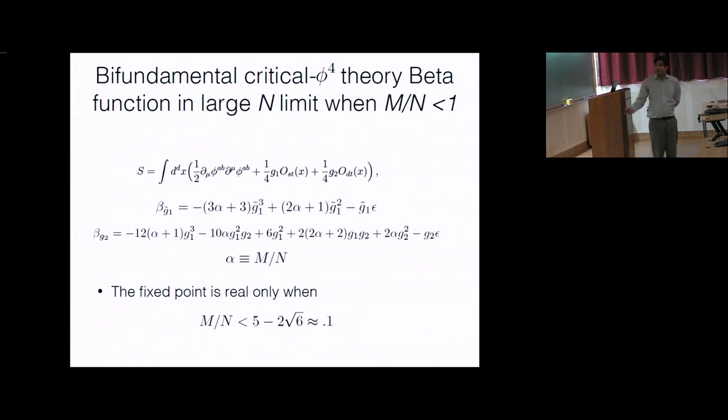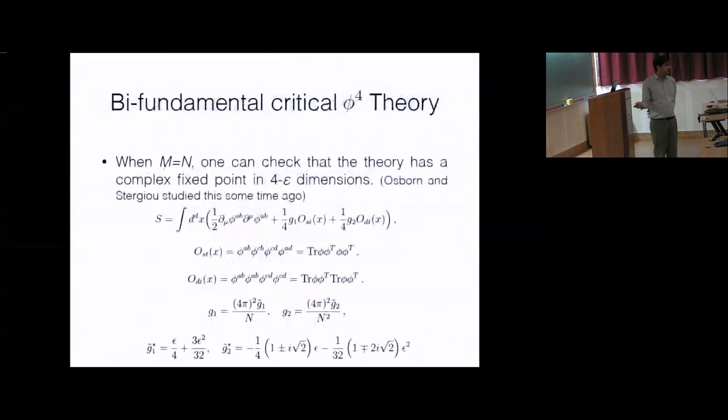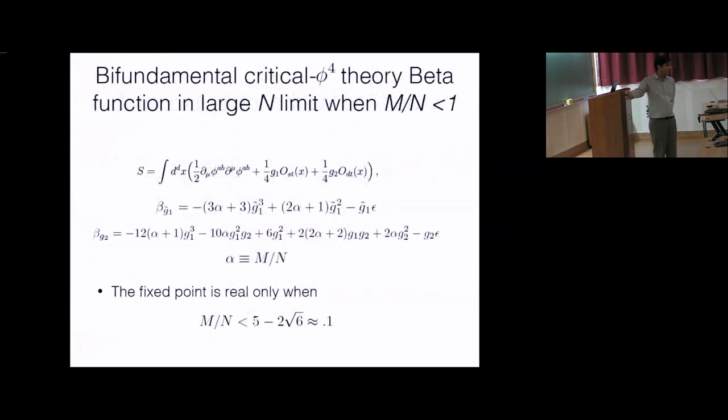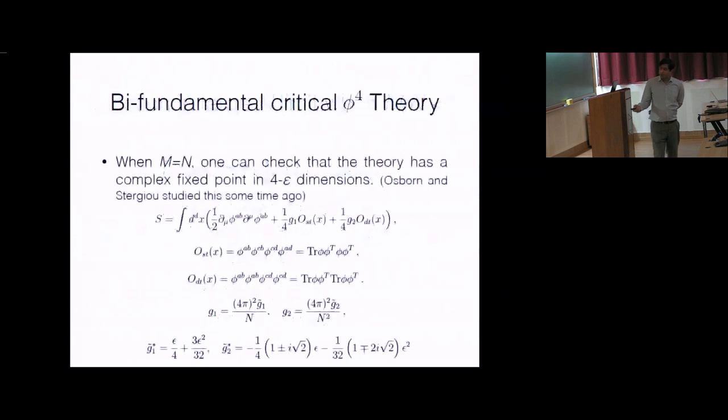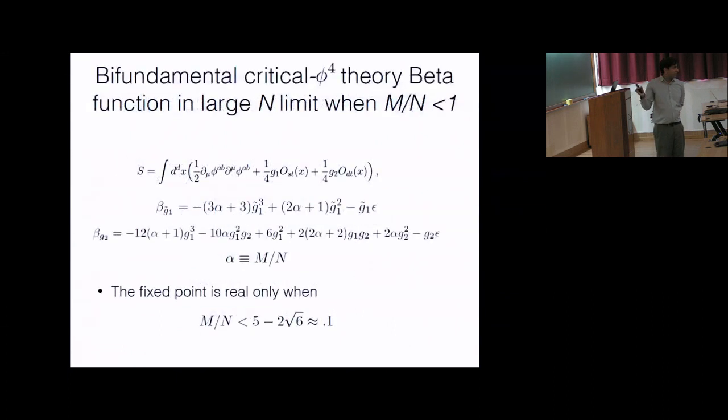Minus epsilon? No, this is all 4 minus epsilon. We hope to do similar calculations in 2 plus epsilon or 2 minus epsilon for fermions. This bound, looking here, you can ask, is the leading order solution real as a function of epsilon?